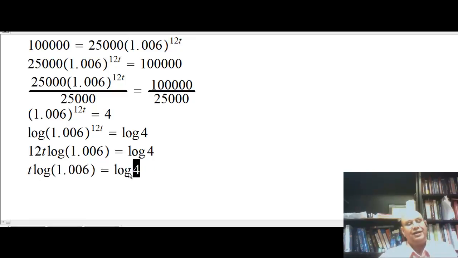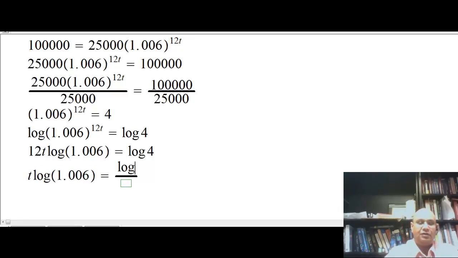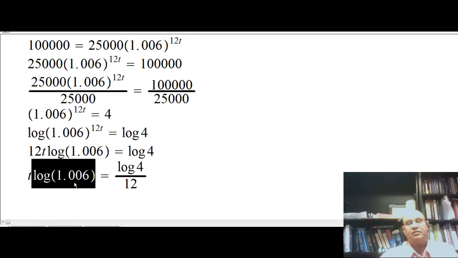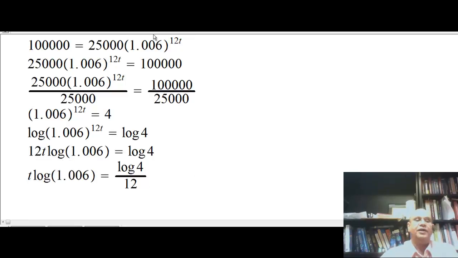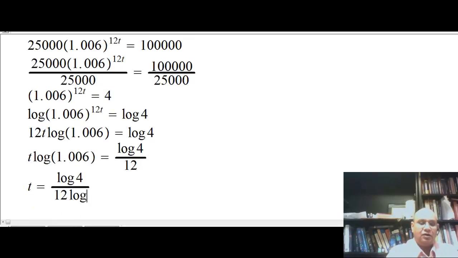Let's divide by, I think that's a good idea rather than rushing everything. Log of 4 divided by 12, and I still have this guy surviving here, so I'll divide by that as well. So we have log of 4 divided by 12 times log of 1.006.